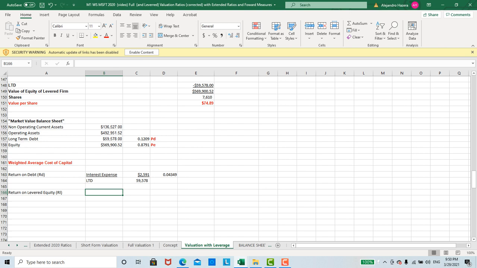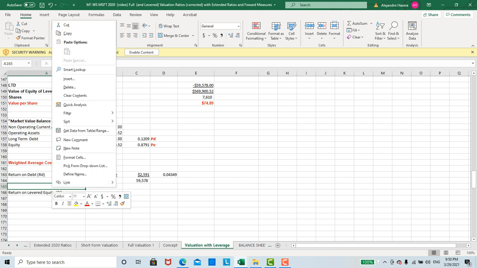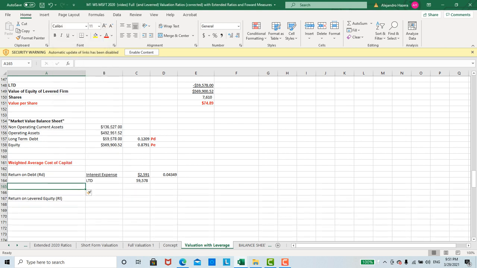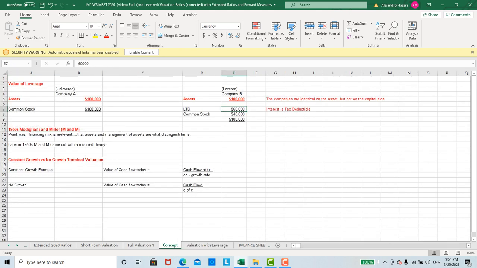The return on levered equity is a very important number, and it's related, as you may have guessed, to the return on unlevered equity. Going back to the original concept, the return on unlevered equity assumes you have a company without debt. If you took the same company with debt and kept adding more debt, the return on levered equity goes up.